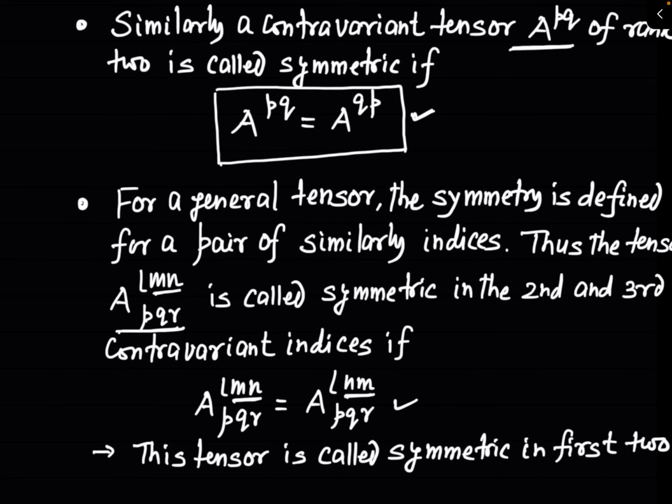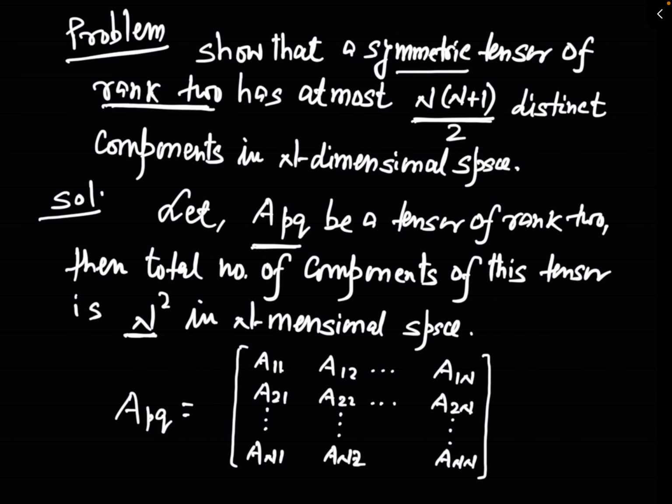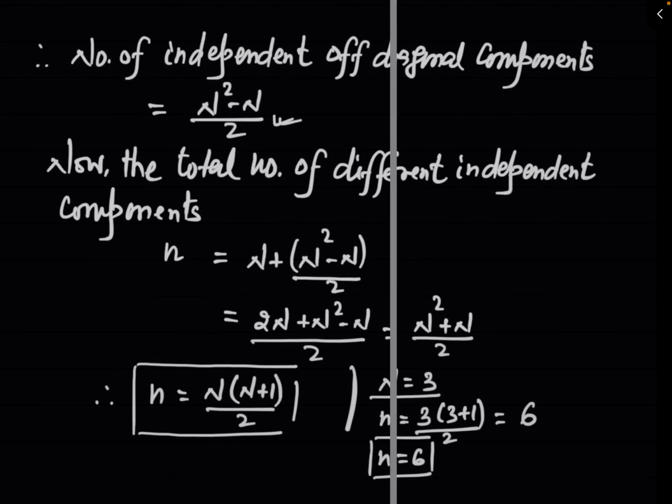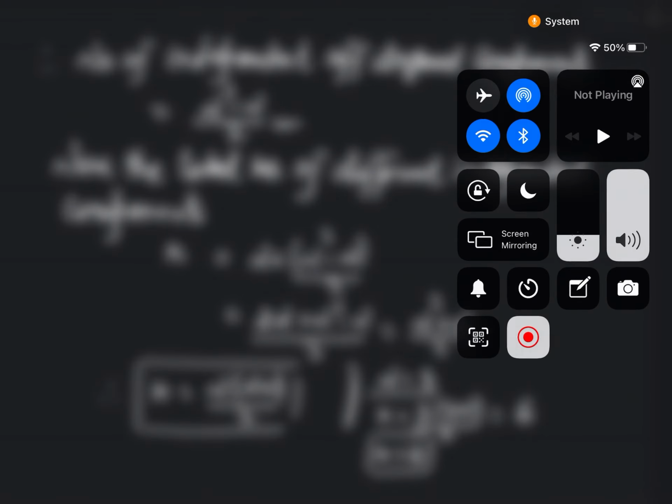So this is just the idea of the symmetric tensor, and I hope after these examples the concept of the symmetric tensor is definitely clear to you. In the next lecture on this tensor analysis we will see the concept of skew-symmetric tensor or anti-symmetric tensor.